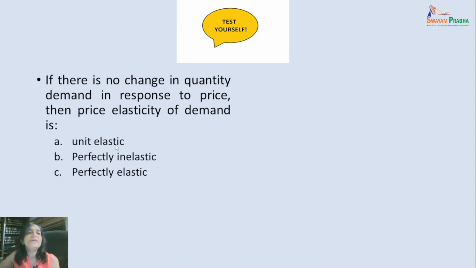It says, if there is no change in quantity demanded in response to price, that is, there is a change in price, but there is no change in quantity demanded. Quantity demanded does not change even though the price changes.